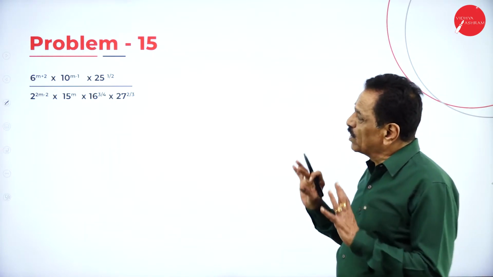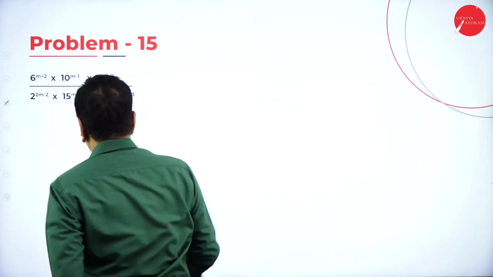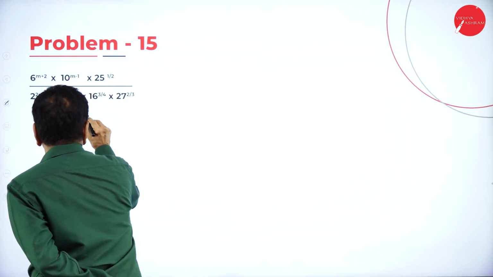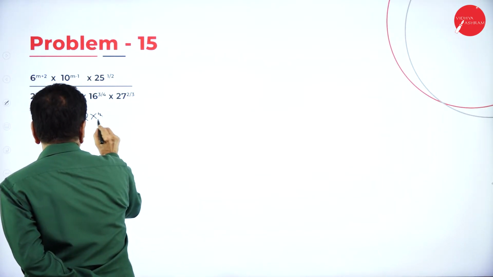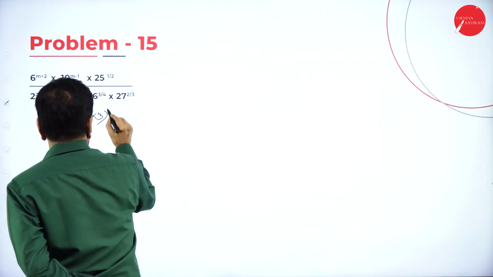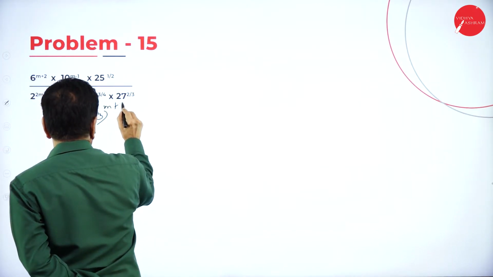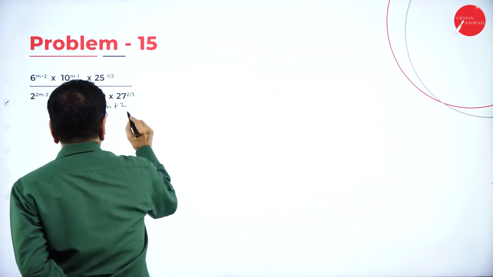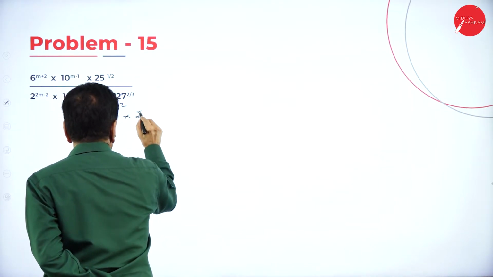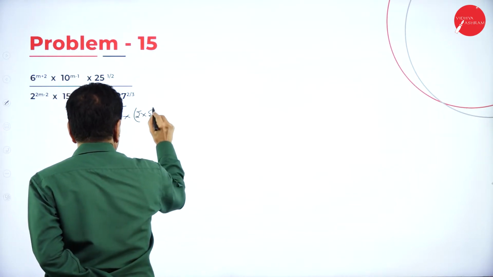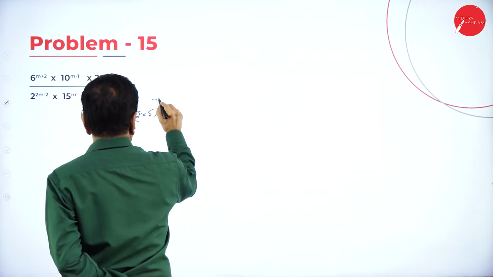Go with slow simplification. First is 6. You can write this as 2 into 3 to the power of m plus 2. 10 can be written as 2 into 5 to the power of m minus 1.